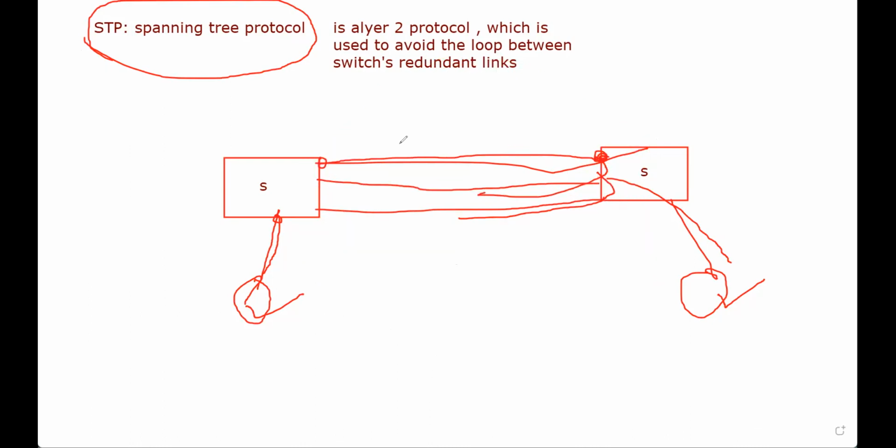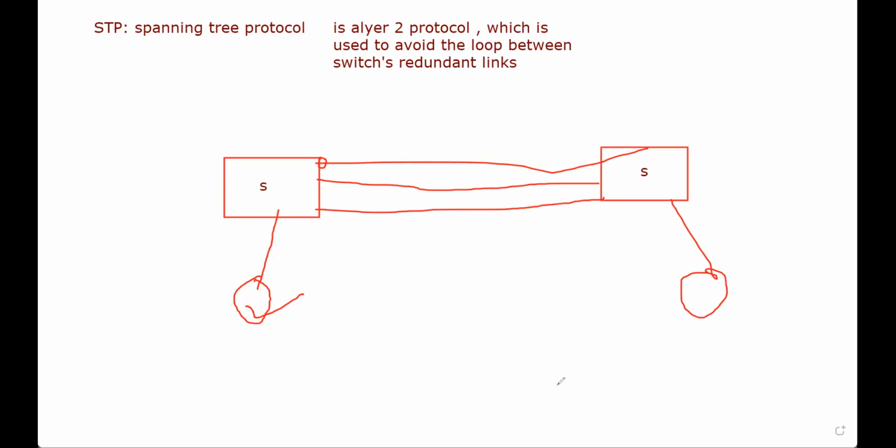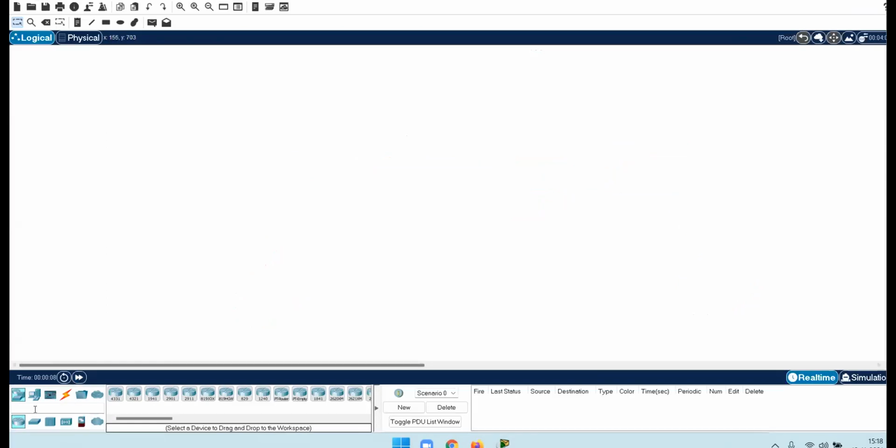So I told you that by default, spanning tree protocol is already configured on every switch. You can check this when you connect switches to each other in Cisco Packet Tracer. I will show you the screen of Cisco Packet Tracer.